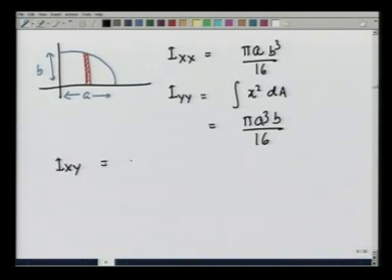To calculate I_xy, I have to calculate the integral of x y dA, where dA I take to be a small area at point x and y.